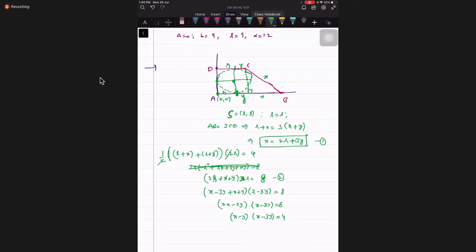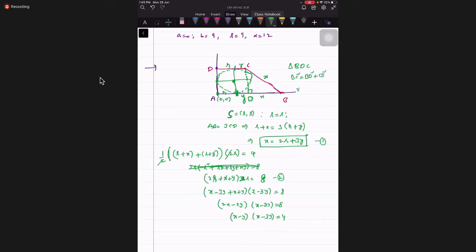Can take this as something D. Okay, friends, from triangle DBC, BC square equals BD square plus CD square.